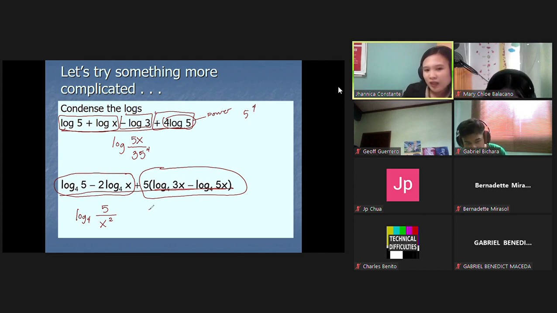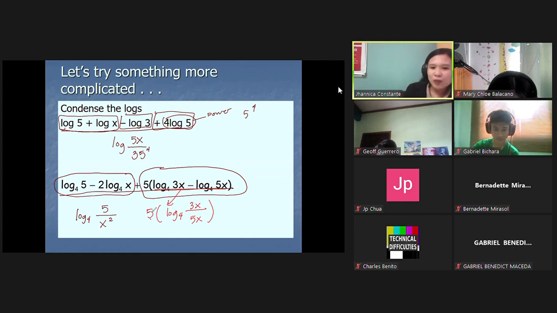So we will be having 5 logarithmic 4, which is 3x over 5x. I only shortened the terms that are inside of our parentheses, but we're not yet done since we still have 5.